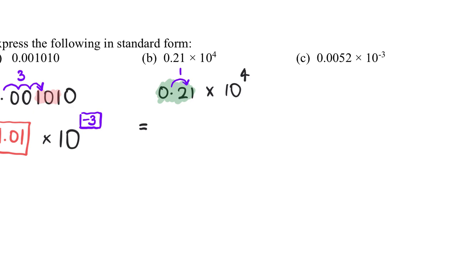This is a small number, so I will write 0.21 as 2.1 multiplied by 10 to the power of -1. This is for my 0.21. Not forgetting, there is still my 10 to the power of 4 here.